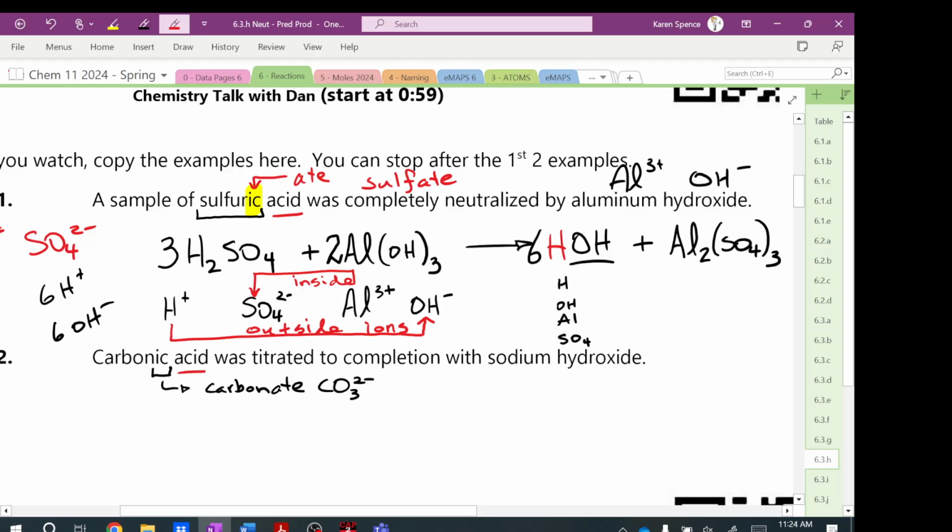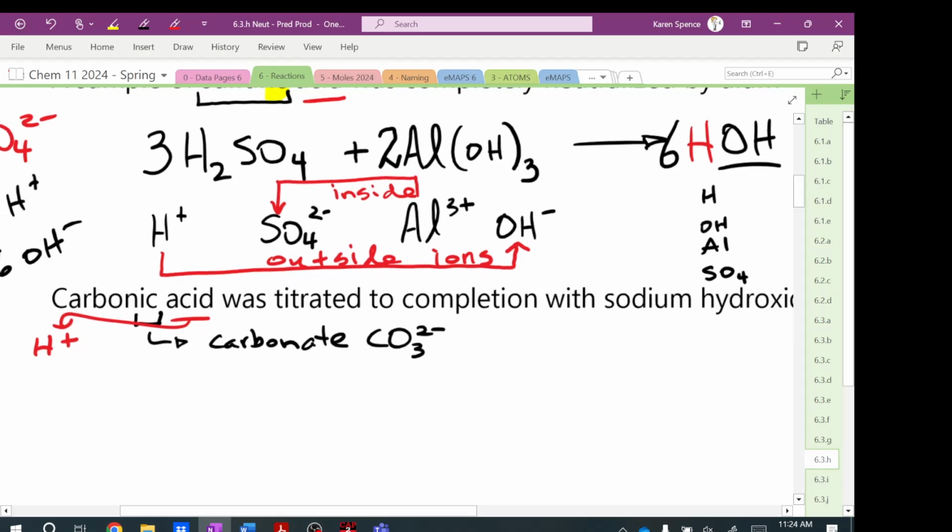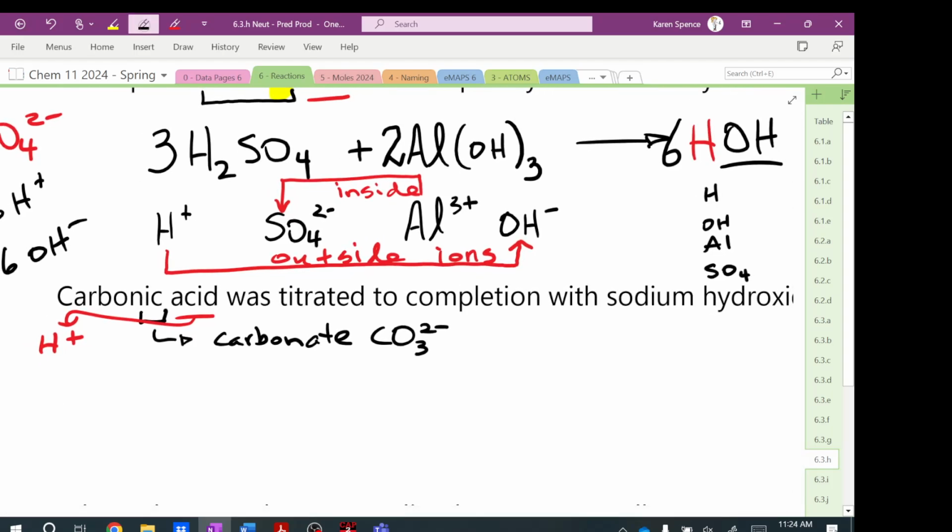Who gets paired off with carbonate if we have carbonic acid? H plus. The acid tells us that we need to have an H plus. So what is the correct formula when we put H plus together with CO3 2 minus? H2CO3.